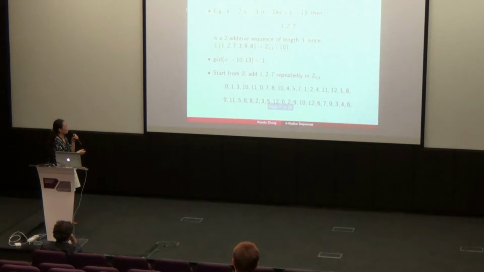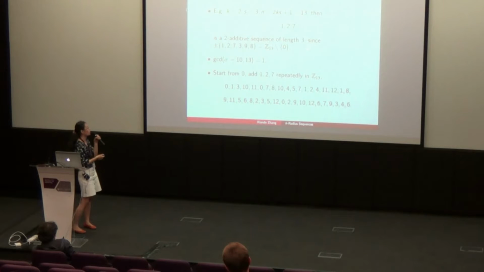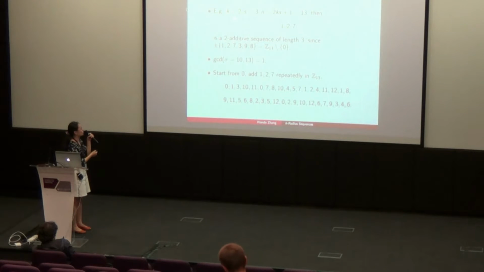So here is an example. We show how to use this k-additive sequence to construct a radius sequence. Here k equals 2, s equals 3, so n is 13. We have a cycle of length 3: 1, 2, 7. It is a 2-additive sequence of length 3, because the sums of one term are just 1, 2, 7.